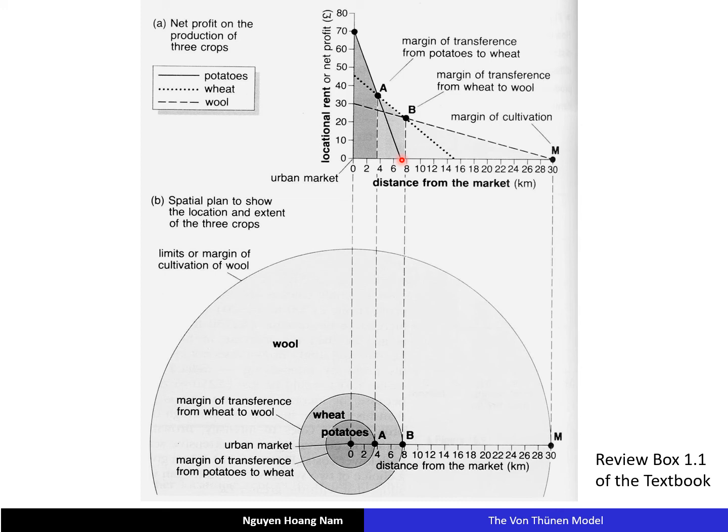But the variable here in this formula is only distance, which is d.